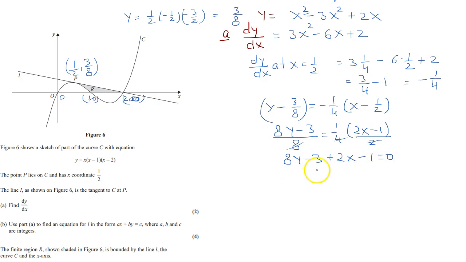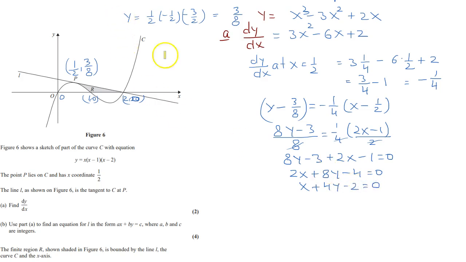So the equation will be 2x plus 8y minus 4 is equal to 0, or the equation can be written as x plus 4y minus 2 is equal to 0.